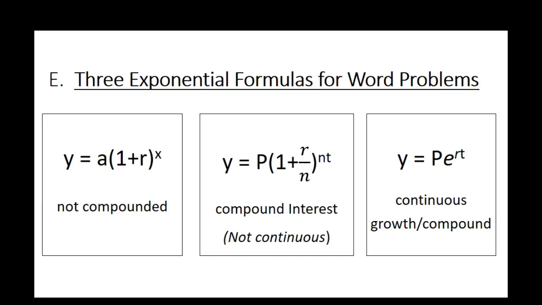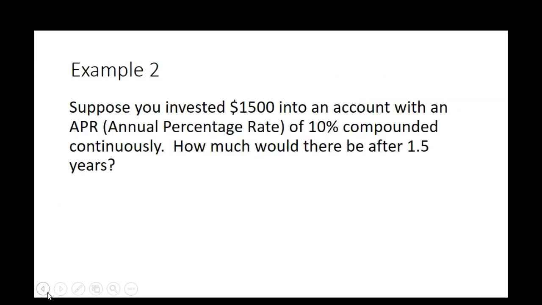This one, your keyword you're looking for is the word continuous. If you see the word continuous, that means it's growing continuously. Okay, so it's not like the regular compound where it only happens at the end of the first quarter and then at the end of the second, at the end of the third. It's just constantly growing.